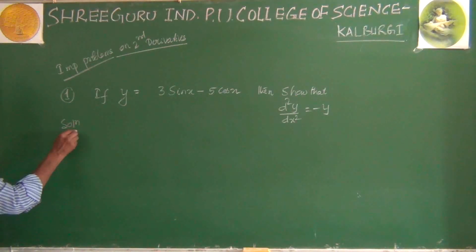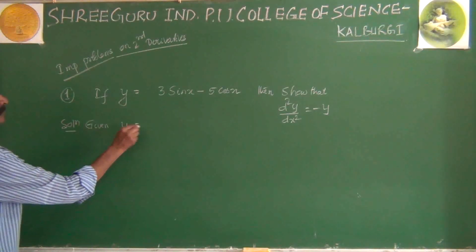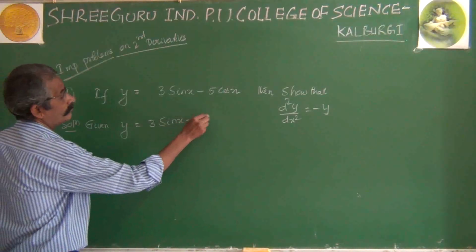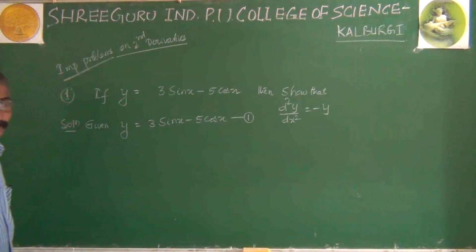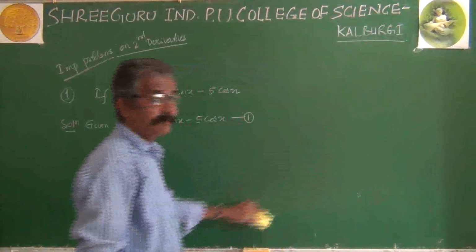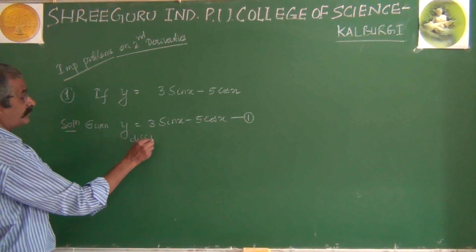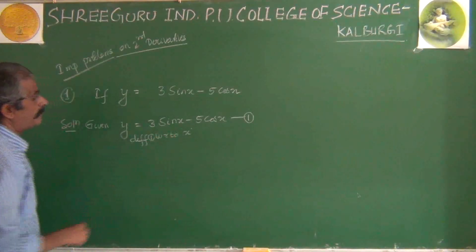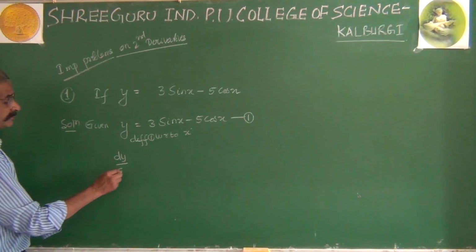First write the given problem. What is given? y equals 3 sin x minus 5 cos x, call it 1. Now let's differentiate 1 two times continuously with respect to x. Differentiating 1 with respect to x, the left side notation is dy by dx.